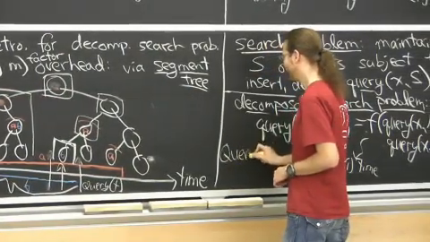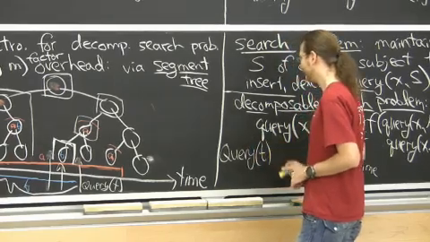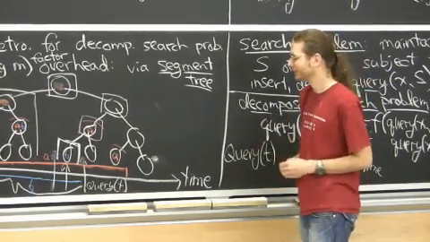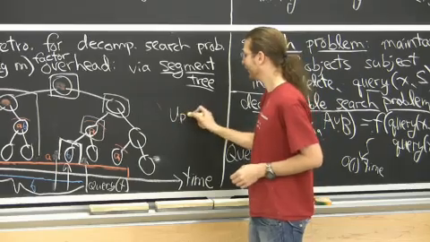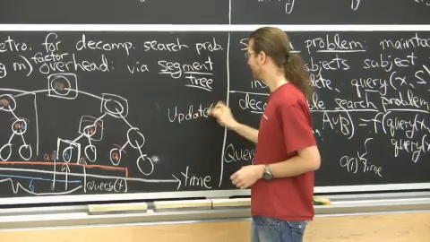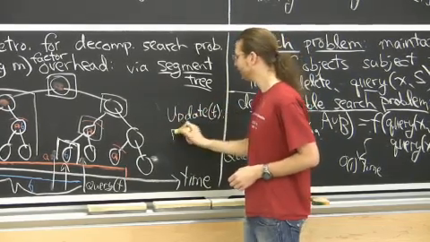I think that is right. So it's an asymmetry between queries and updates. For updates, you basically partition the interval.